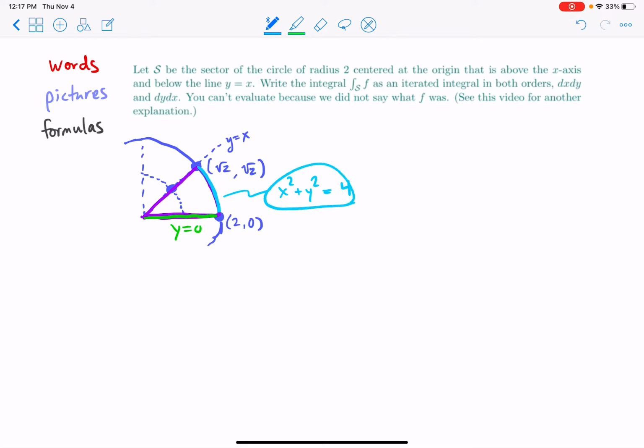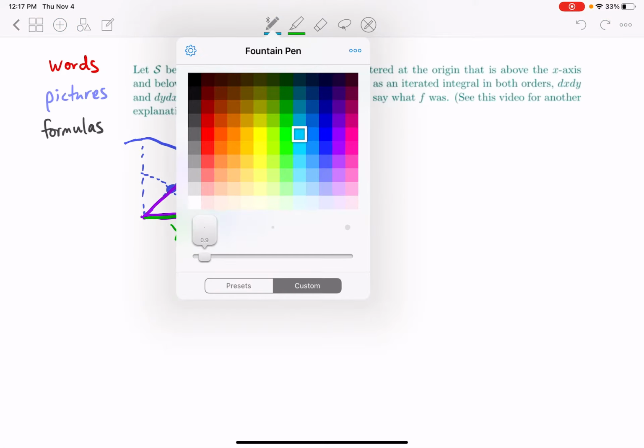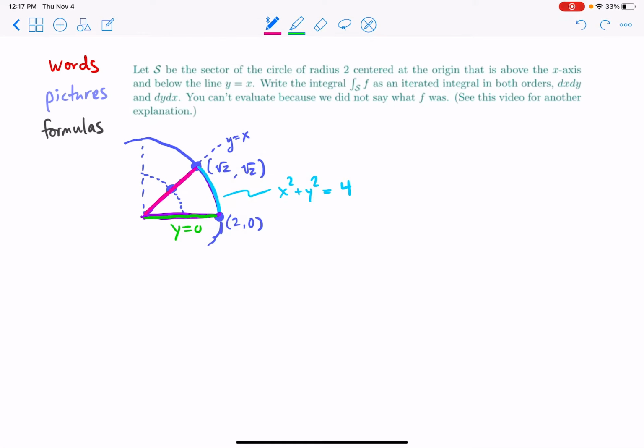So here's the equation. And finally, this piece right here has equation y equals x. And so we need to integrate over this region that I'm shading in gray.